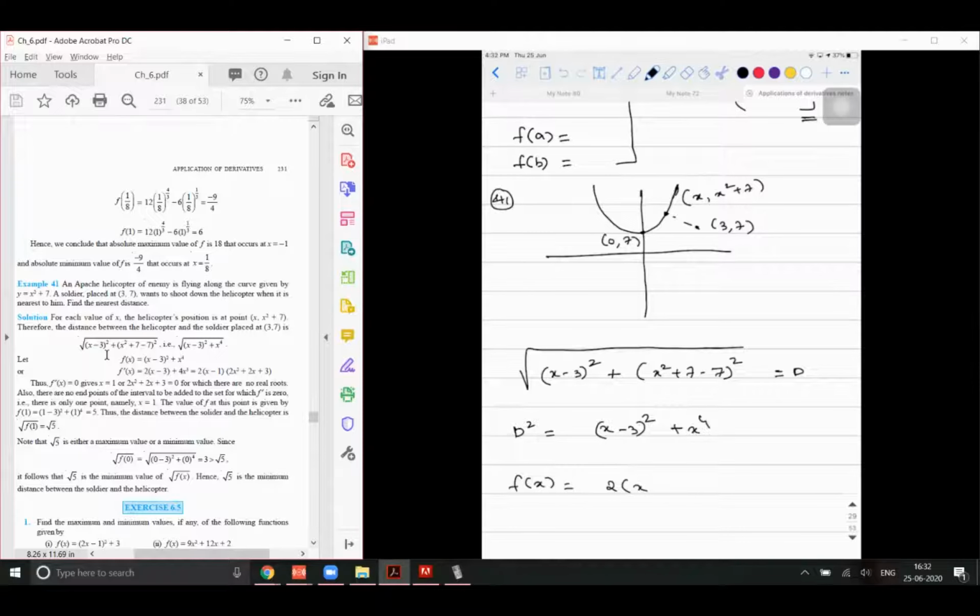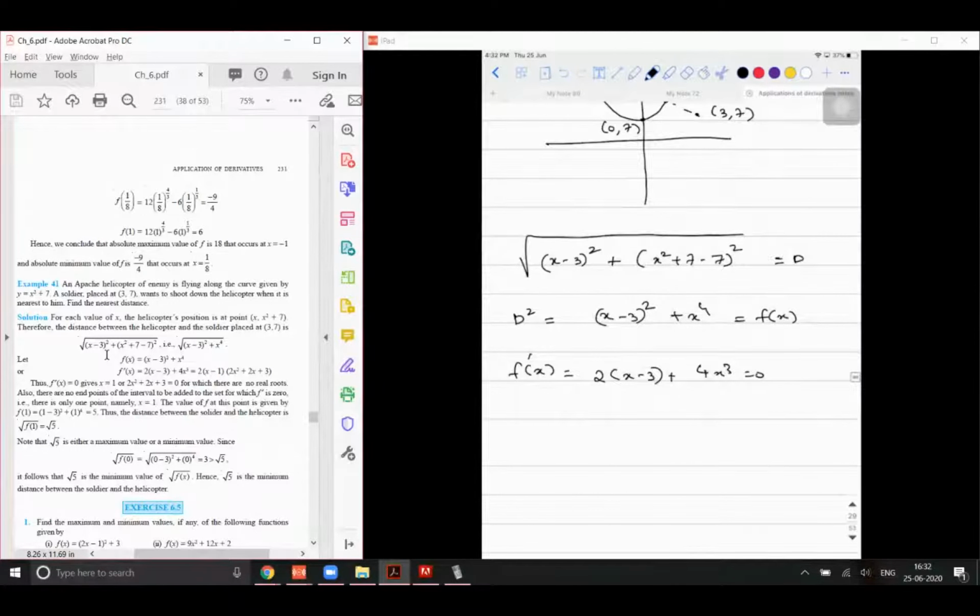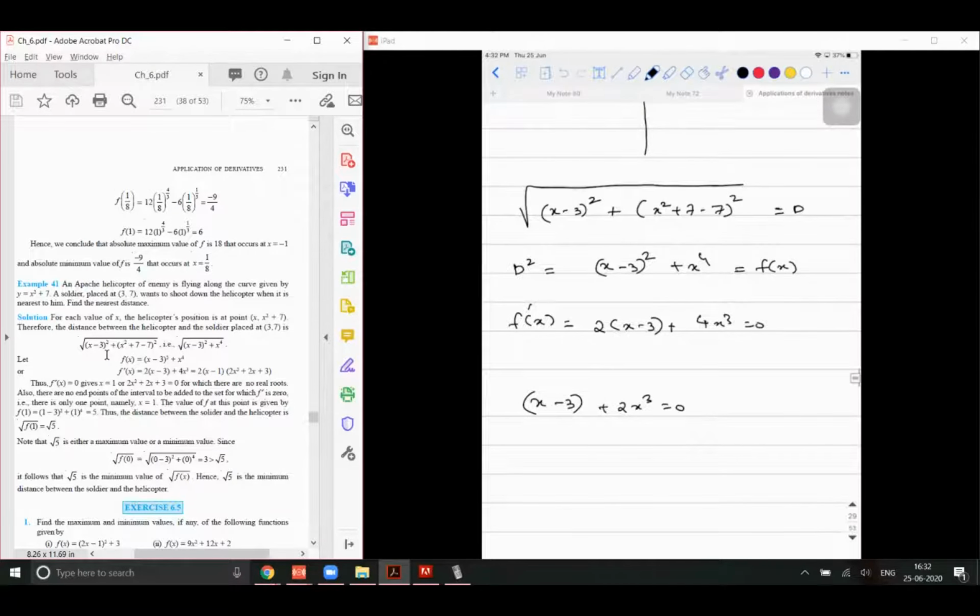I take this as f of x, then f dash of x will be 2 into x minus 3 plus 4x cube equal to 0. So x minus 3 plus 2x cube will be equal to 0. So how to solve this?